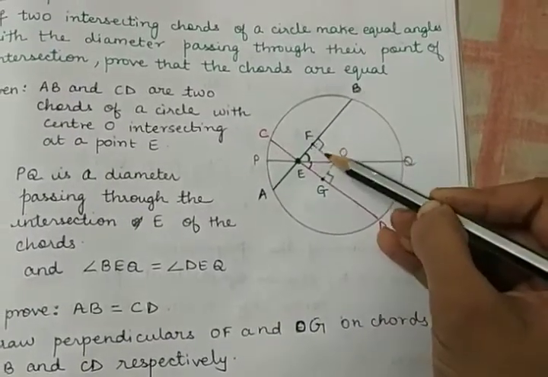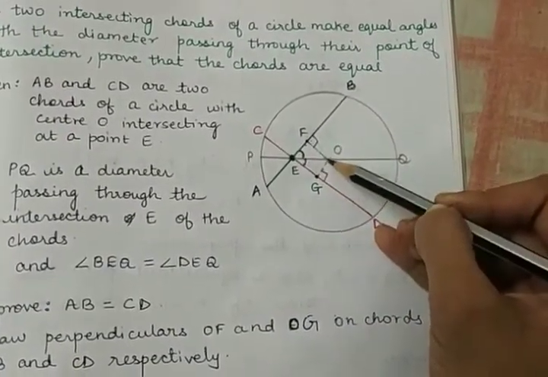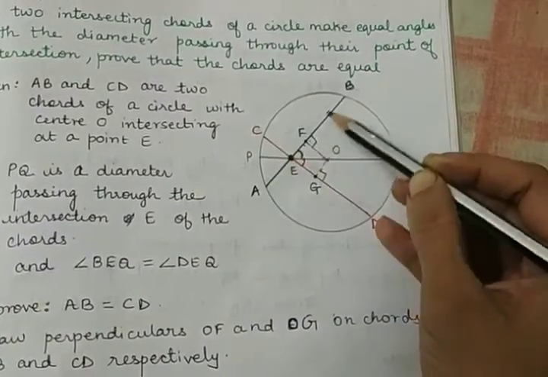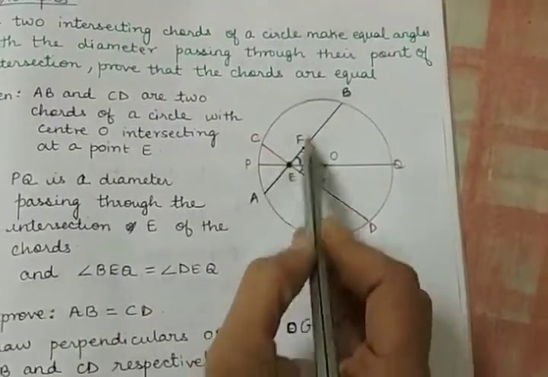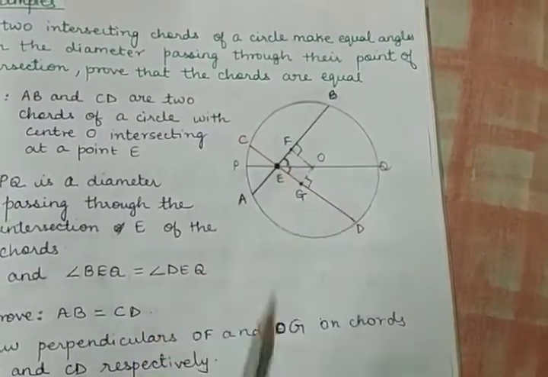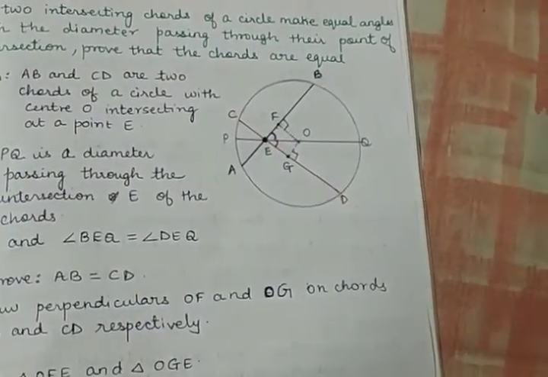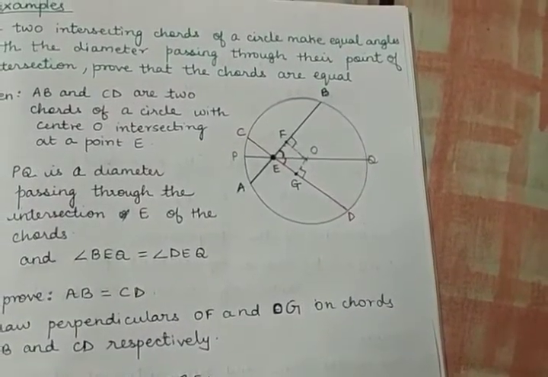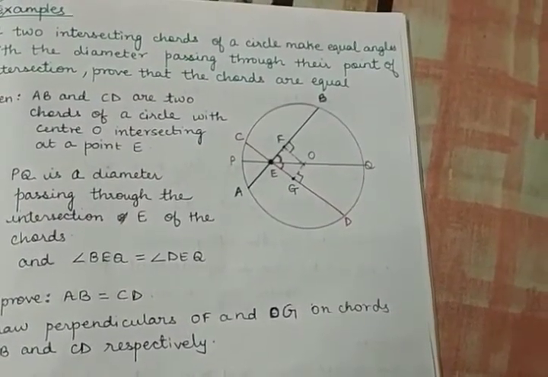Now if I show that OF is equal to OG, then from the theorem I can say chord AB will be equal to chord CD. So that is the reason I have drawn perpendiculars OF and OG to the chords AB and CD respectively.